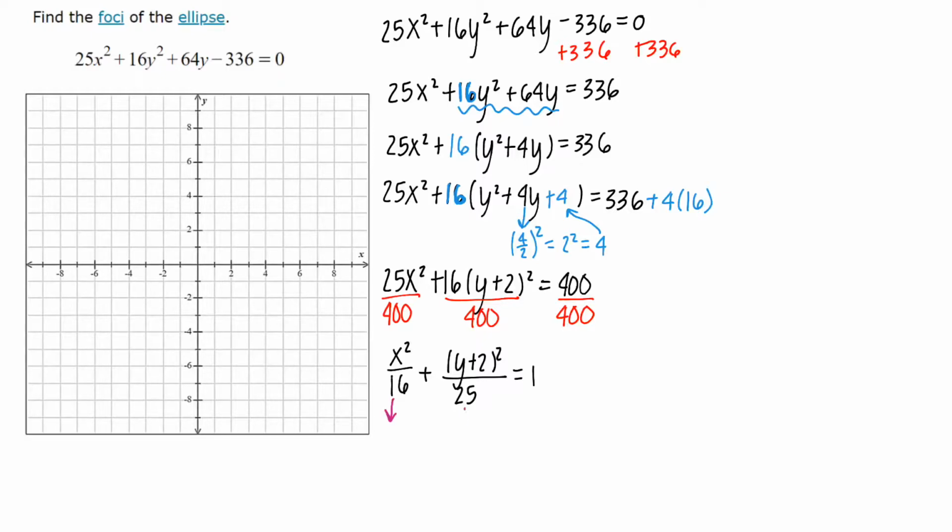What I do know is that the number underneath y is the bigger number. So a squared is 25, a is 5, b squared is 16, which means b is 4. The number underneath y is bigger, so we can say y is the major axis.